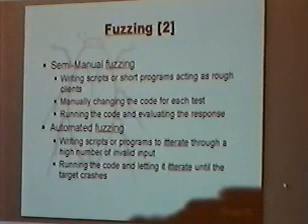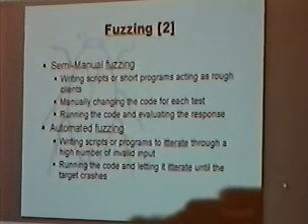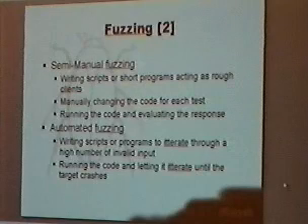Automated fuzzing, of course, is a different concept. You write a single program or script that iterates through all different types of input that you can send over, and you dream it up beforehand, and then you have it run and wait what happens.